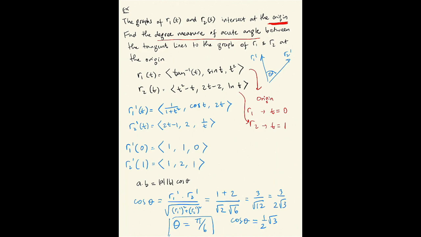Because it's an acute angle. So we only take the value less than pi over 2.